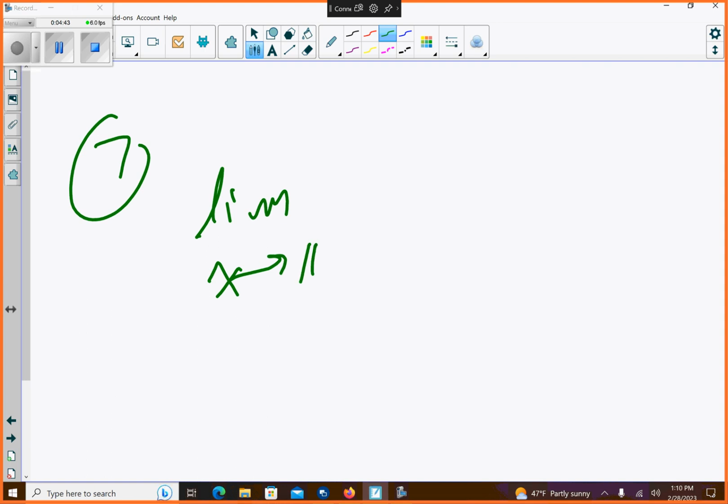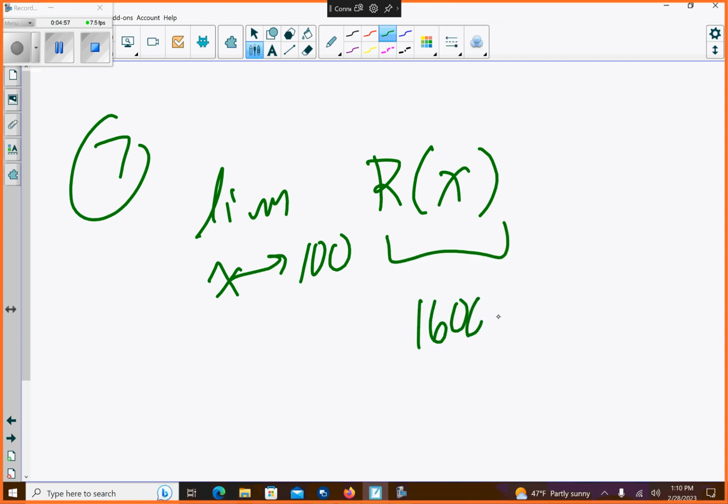Problem number 7 says they give us the limit as x goes to 100 of r at x. And they say the total revenue for a product is given by that equation where x is the number of units. Okay, so if I replace this with 1600x minus x squared, I could directly plug that in here and here.